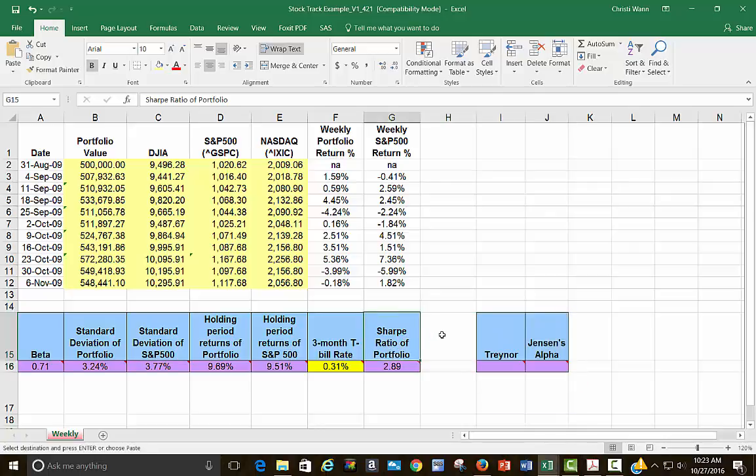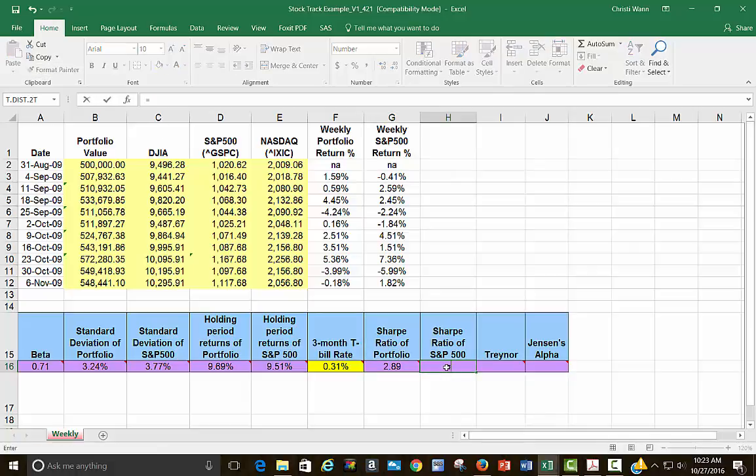Let me add one thing, the Sharpe ratio of the S&P 500. So here, let's see, format that.